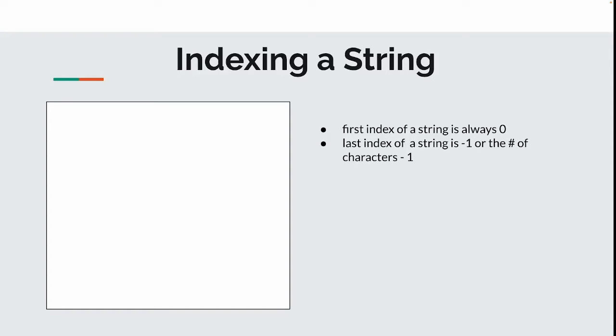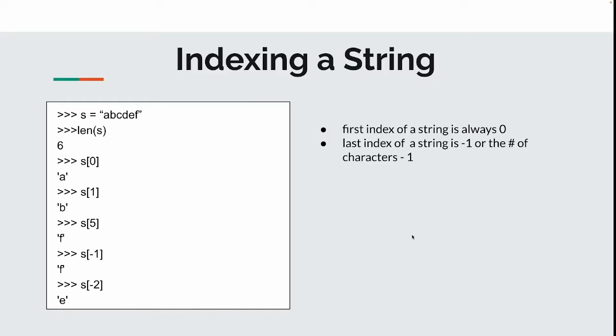Strings are indexable. Here we have our string A, B, C, D, E, F, and the length is 6. Then we index it, which means grab a portion of the string. So S of 0 would be A. In computer science, the first index, or where the memory of this string is stored, always starts at 0.